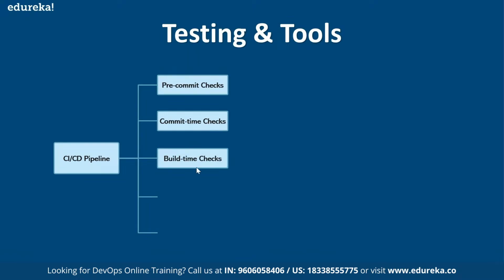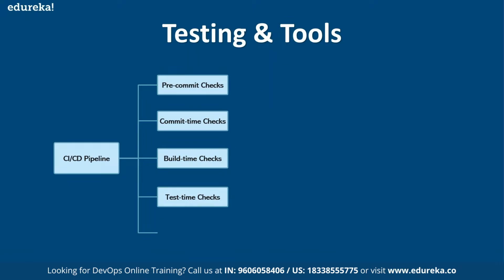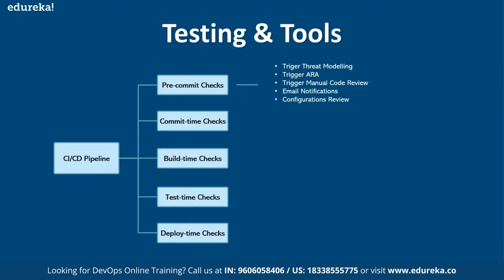Build time checks: when your builds are happening, what checks you want. When you are testing, what checks you want. When you deploy the code, what checks you want. So pre-commit checks are the time before you commit the code, then the moment you commit, the moment you start the build, the moment you test, the moment you deploy.